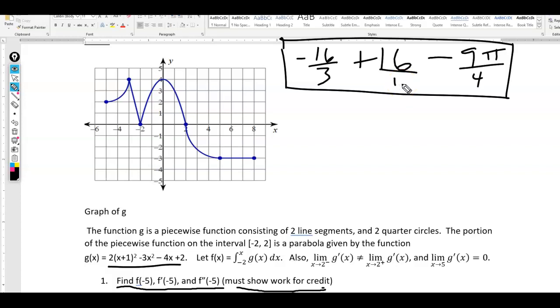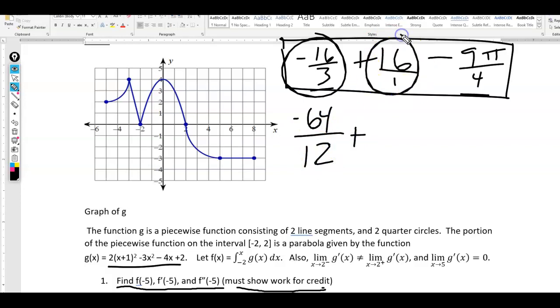So what's the common denominator then for 3 and 4 and 1? Well, it would be 12, right? So I'd have to multiply this fraction by 4 on the top and bottom, which would give me this. This one's going to be a pretty hefty number, 12 on the bottom. And if I do 16 times 12, let me see what I get for that.